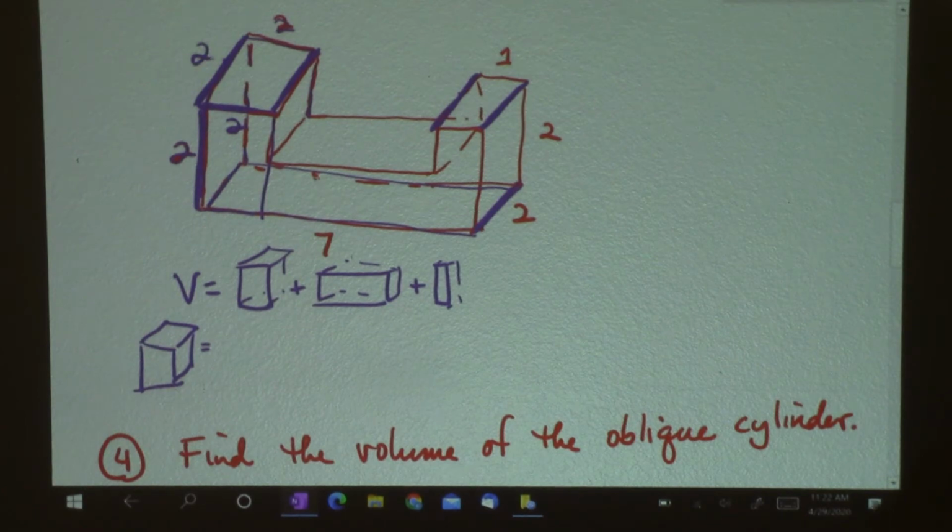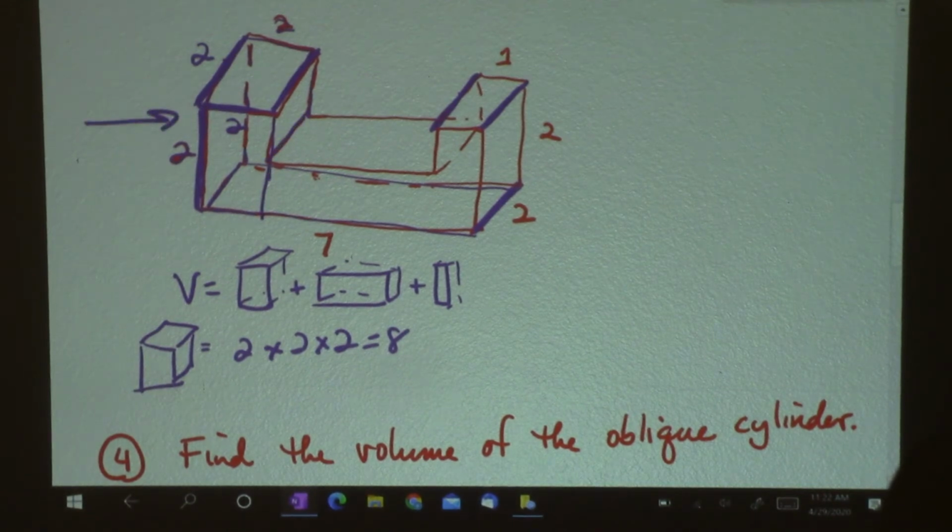So I know this is a 2 also. So I've got 2 for a height, 2 for the width, and 2 for the length. So I'm going to have 2 times 2 times 2, which is 8. Okay, that's this whole section here.